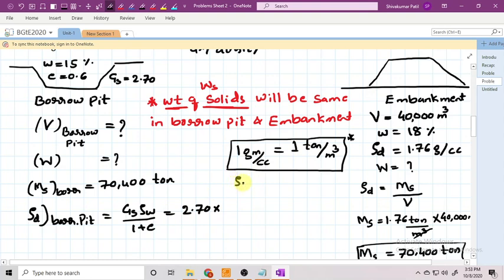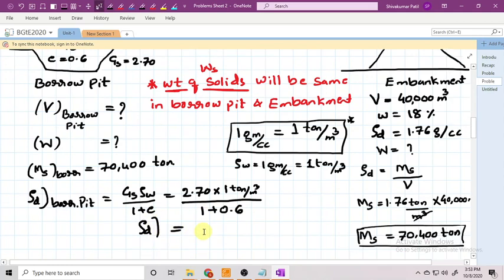So rho w equals 1 gram per cc equals 1 ton per meter cube, divided by 1 plus the void ratio, which is given as 0.6.